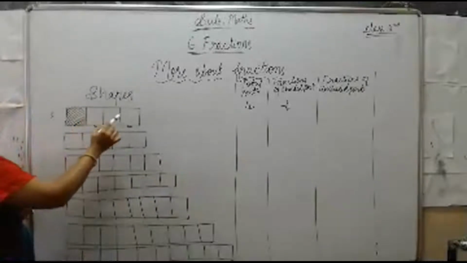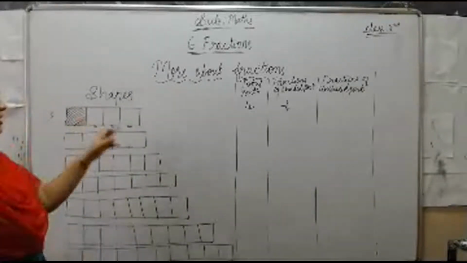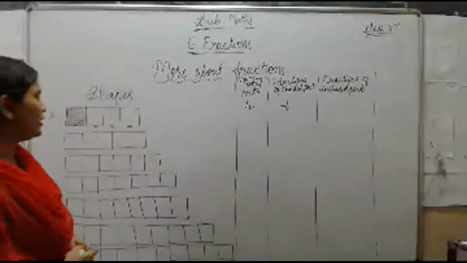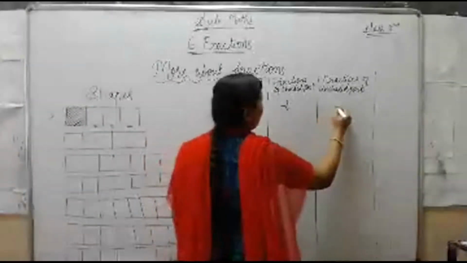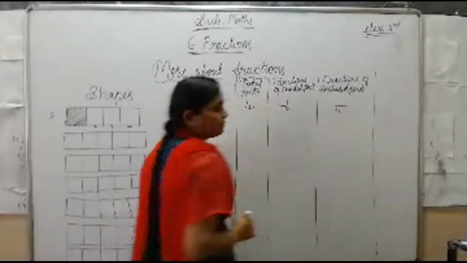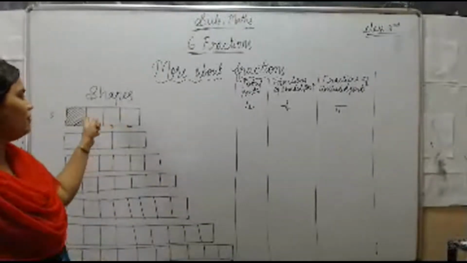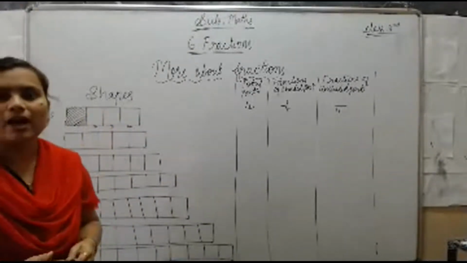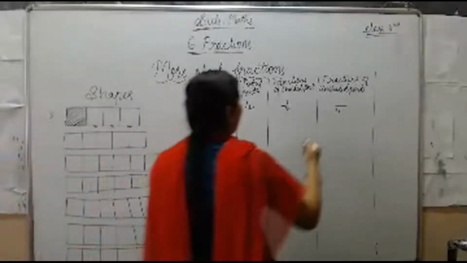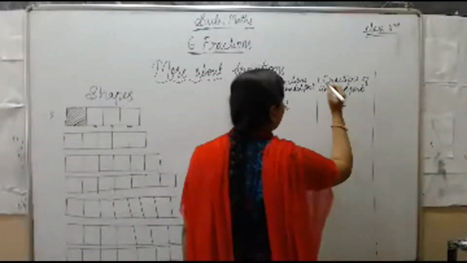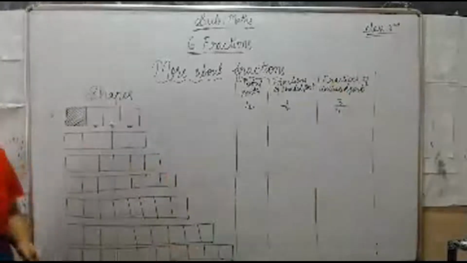Next, fraction of unshaded part. Here, 2, 3, 4 are not shaded. Have you seen this? Total number of parts goes in the denominator, and the total number of parts which are unshaded. How many unshaded parts are there here? 3.